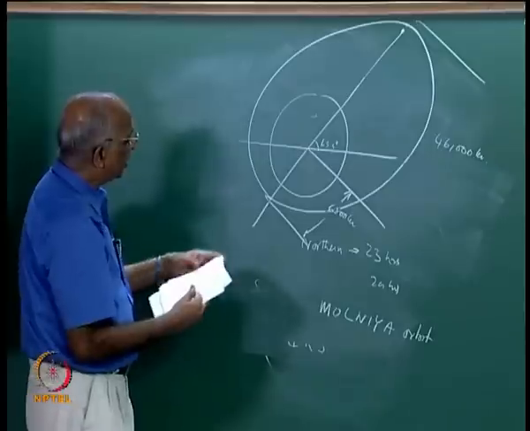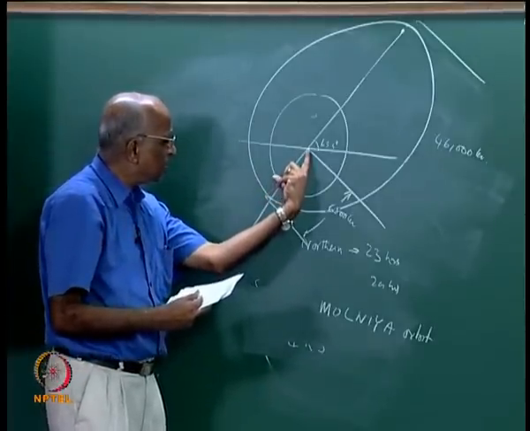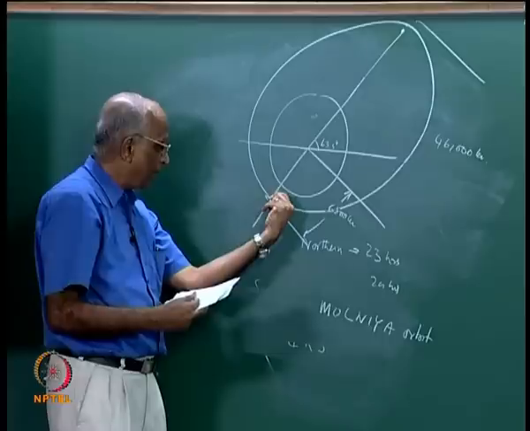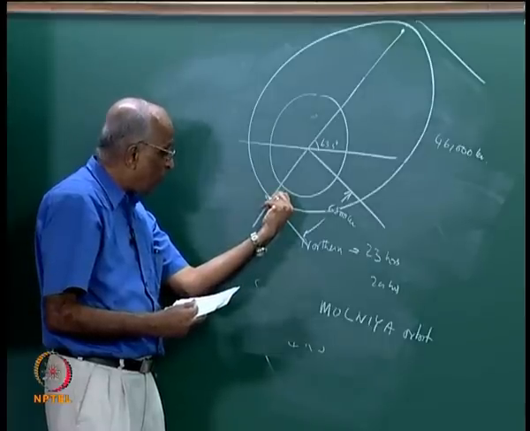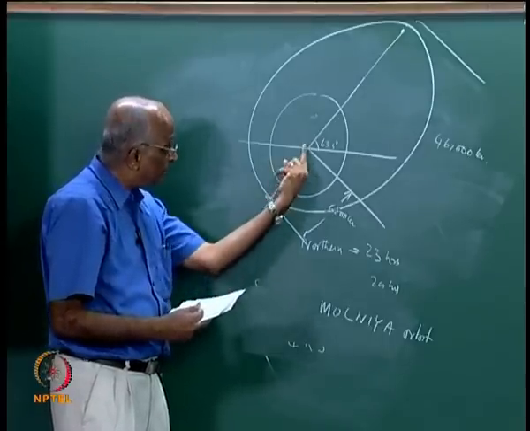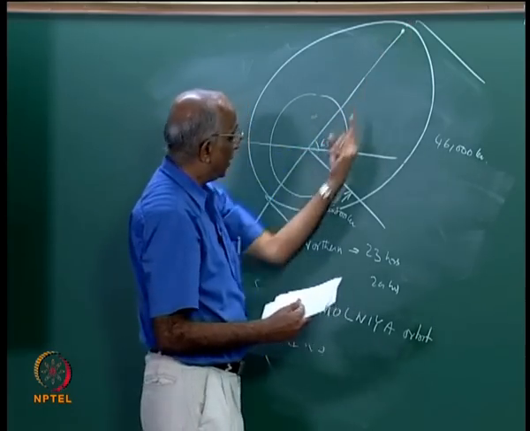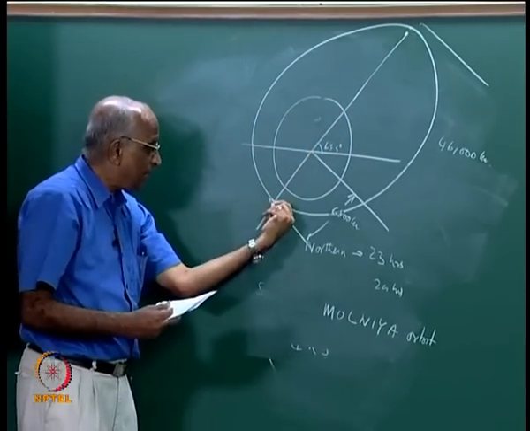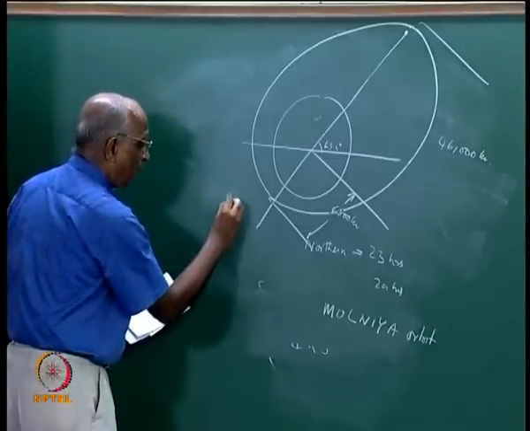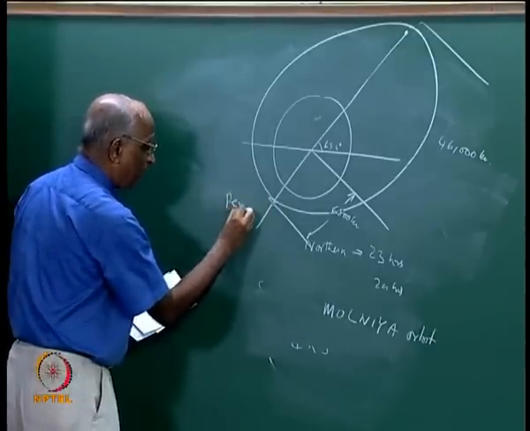That means you see the distance between the center of the earth and the furthest point from the earth, which is over here. The distance between the center and this point is what we call the perigee.